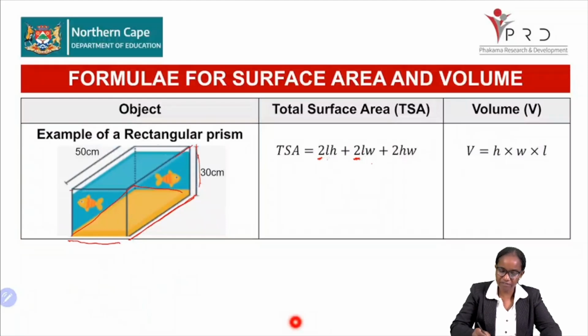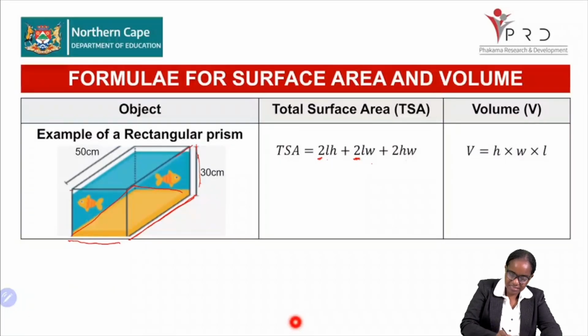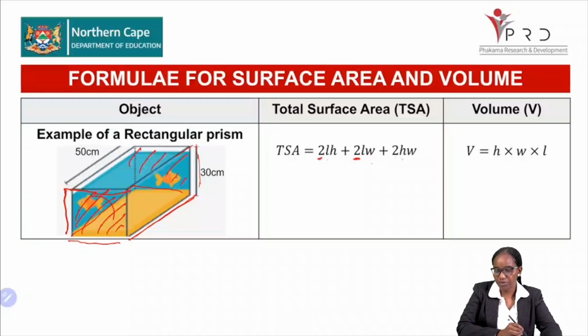Then we also have another face, which is height times width. This is the face here, which is height times width. So this face also has an opposite face like it, which is height times width.